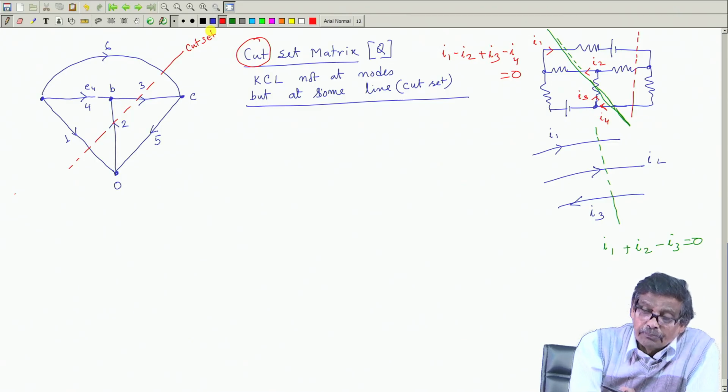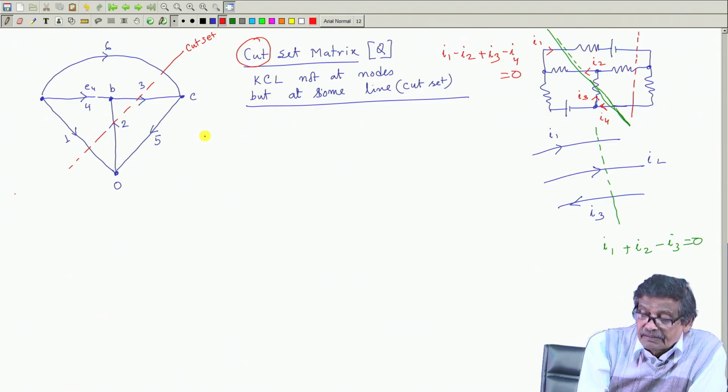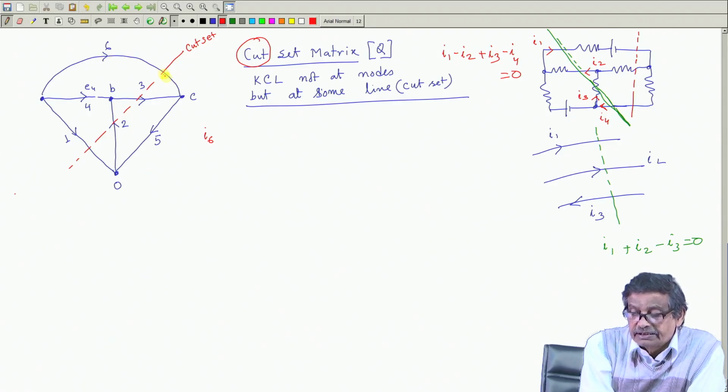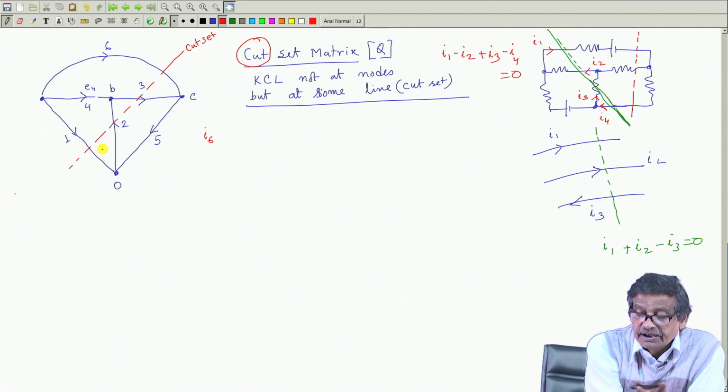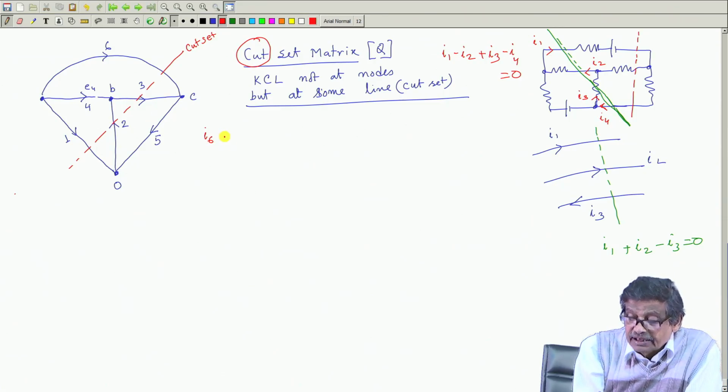Then I am sure about one thing, try to follow me: I6 from left to right is crossing this Cutset. Suppose you assign plus sign. Then these 4 elements, 1, 2, 3, 4, are involved here. It will divide the network into 2 halves. So, I6, then plus I3.